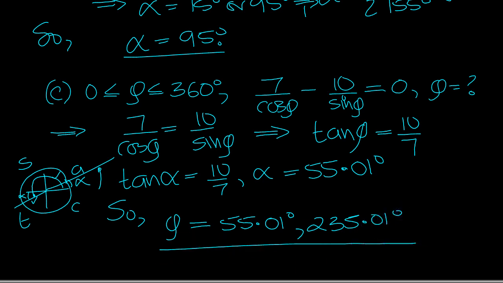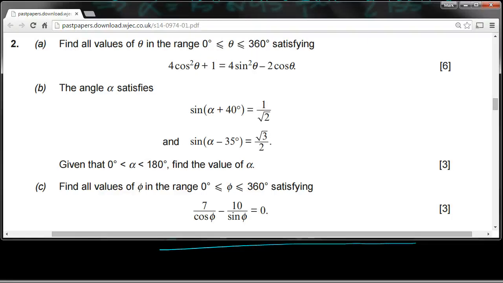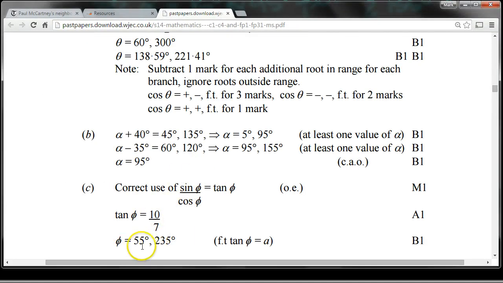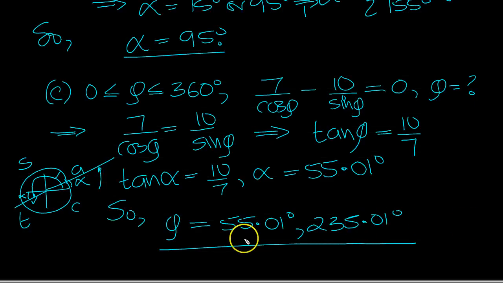So there's our 2 solutions. Let's just check it in the past papers. 55 and 235, just rounded to the degree. So you could just round it to the nearest degree. So let's do that then. And we'll just do it to the nearest degree, not to 2 decimal places.